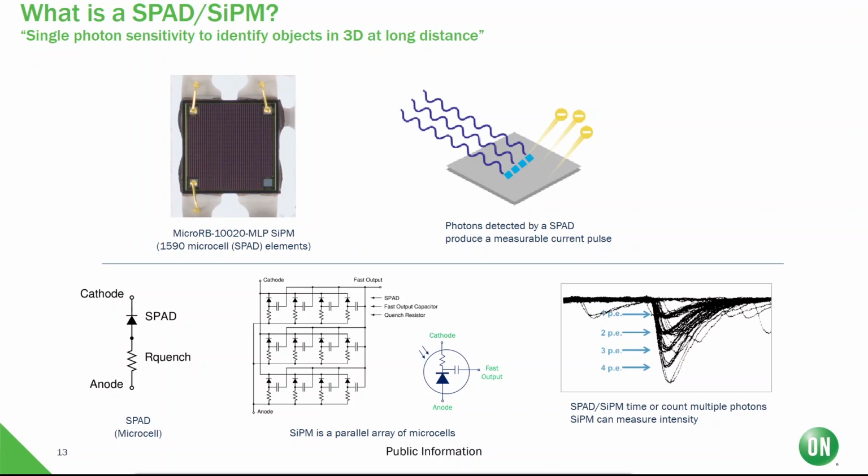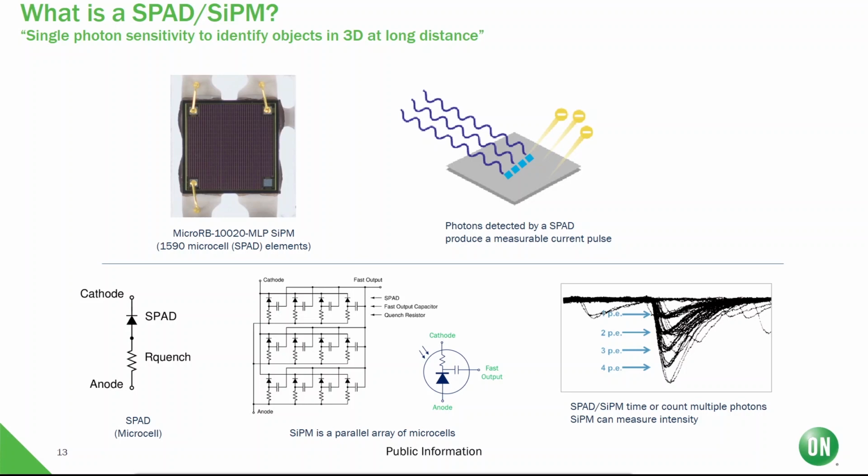The high gain of the SPAD due to the avalanche process produces a measurable pulse of current when a photon is detected. The integrated quench resistor in each SPAD quenches the avalanche to reset that SPAD following a detection event so that it's ready to detect another photon after a few nanoseconds. Thus, each SPAD or microcell is capable of detecting a single photon and operates independently.